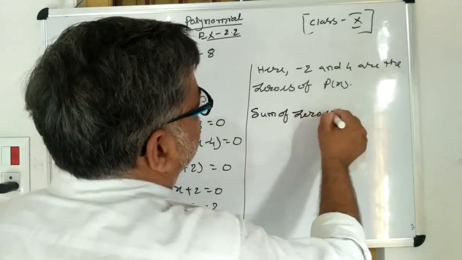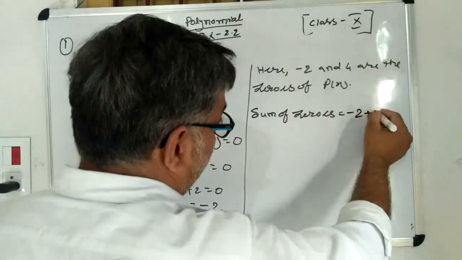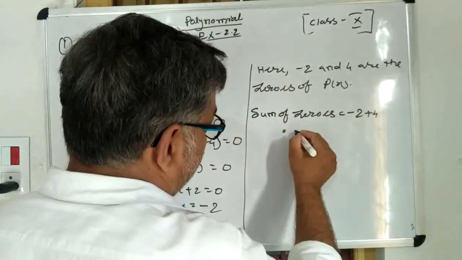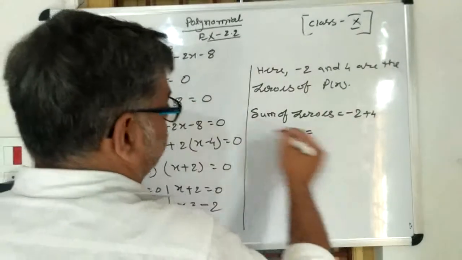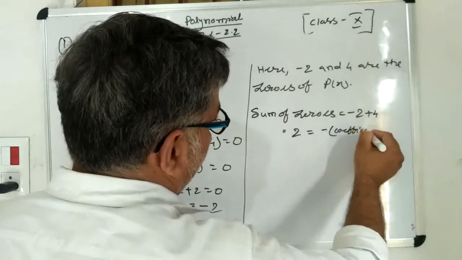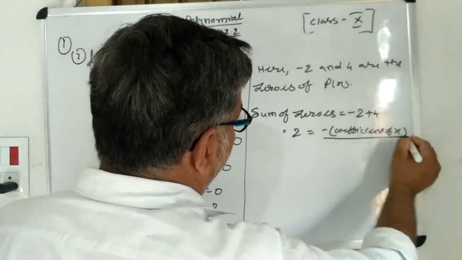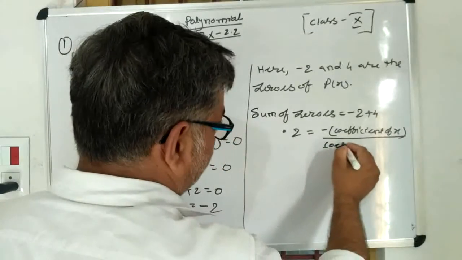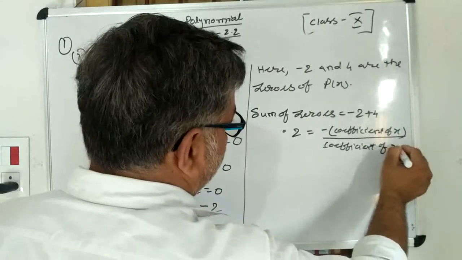Sum of zeros. You may have 4 minus 2, and 4 is 0. So your sum will be 2. And 2 can be written as minus coefficient of x by coefficient of x square.